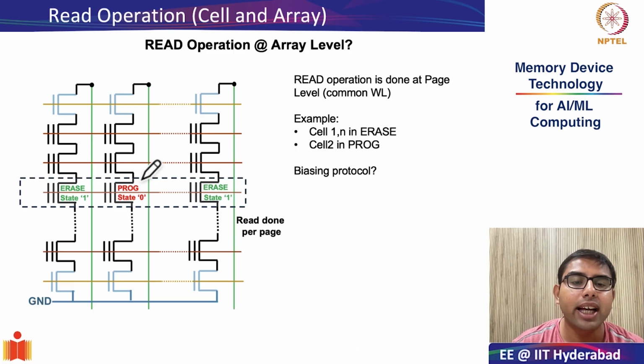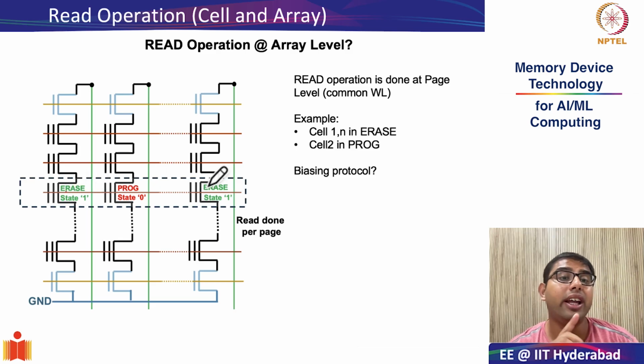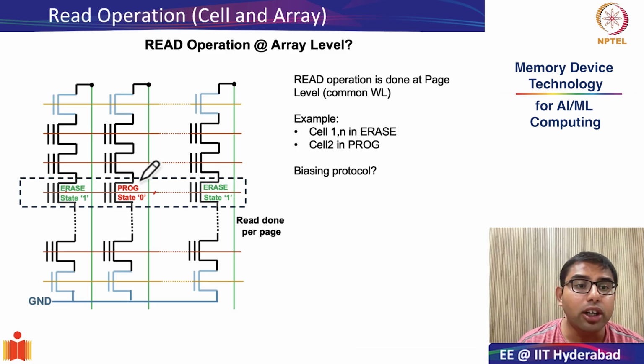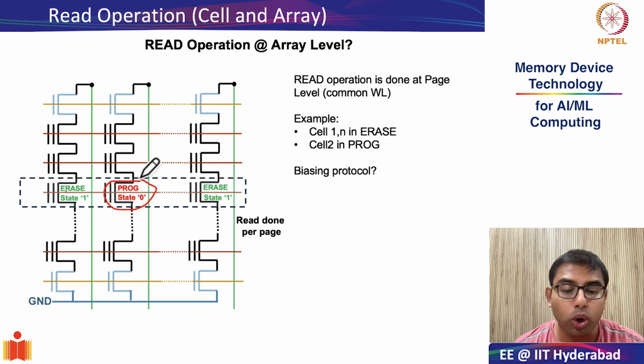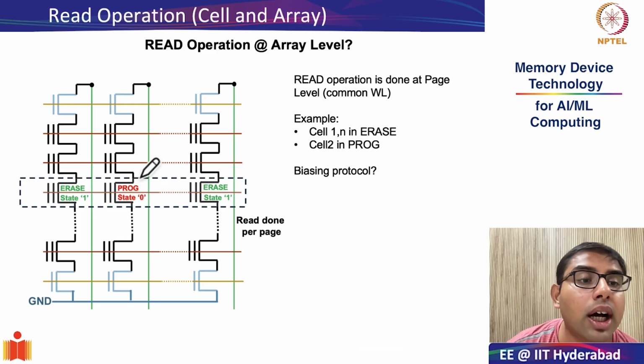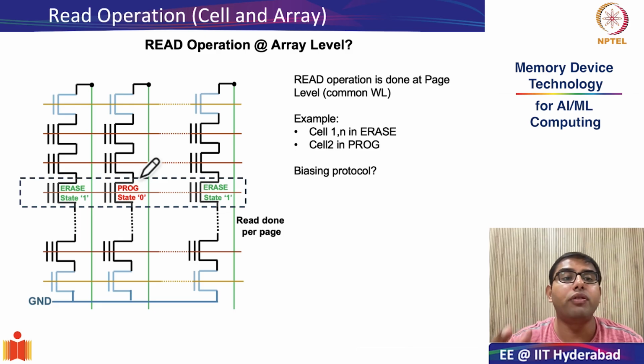So now the idea is we want to read out that for the page of our interest, cell 1 and cell n are in state 1 or erase state, whereas cell 2 is in program state. How do we do the biasing protocol so that we can do an effective read out of the states of the different flash cells in that particular page?